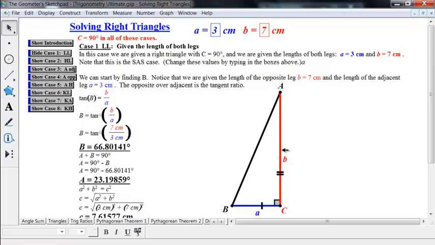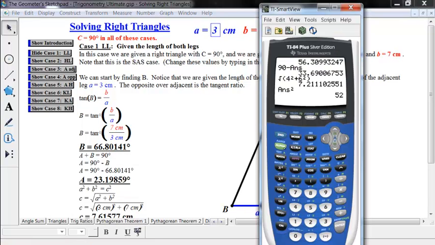So B is the inverse tangent of B over A, which is inverse tangent of 7 over 3. On our calculator, that's inverse tangent 7 over 3 like this. And notice that's 66.8 degrees. Make sure you're in degree mode if you want your answer in degrees. If you want it in radians, then put it in radian mode. Then do 90 degrees minus that previous answer, and that will be the degree measure of the angle A, about 23.2 degrees.